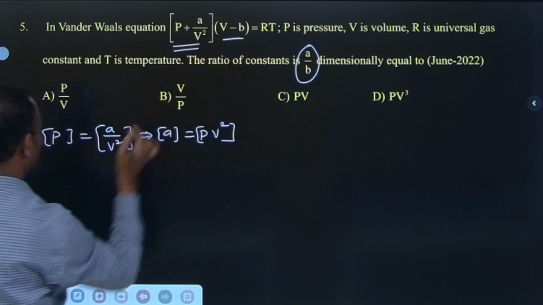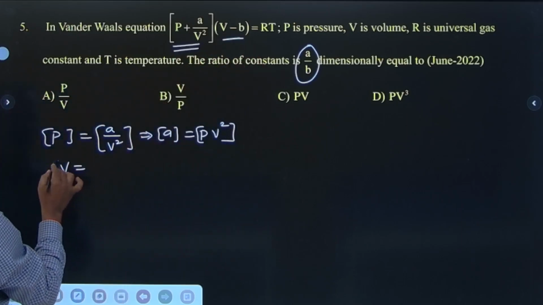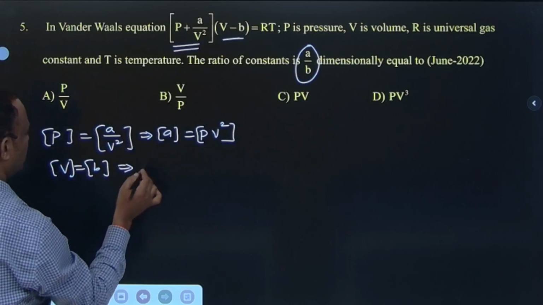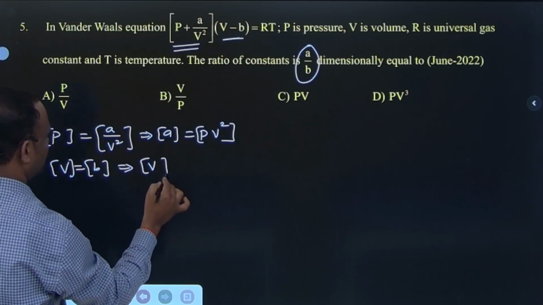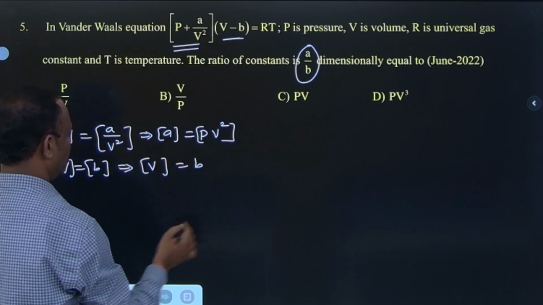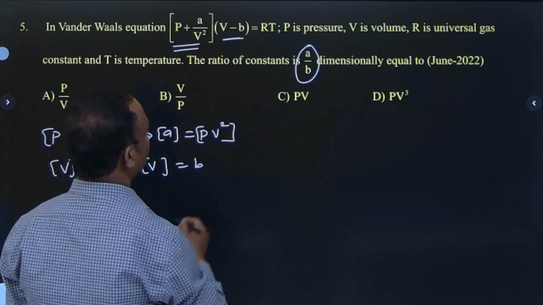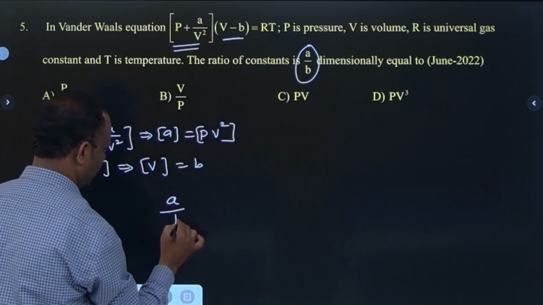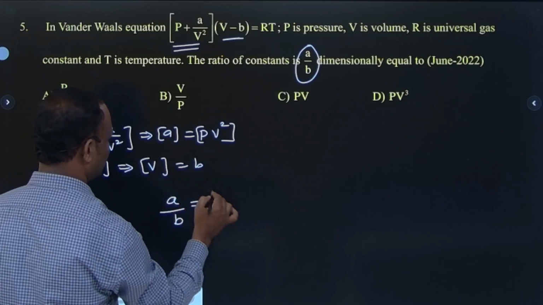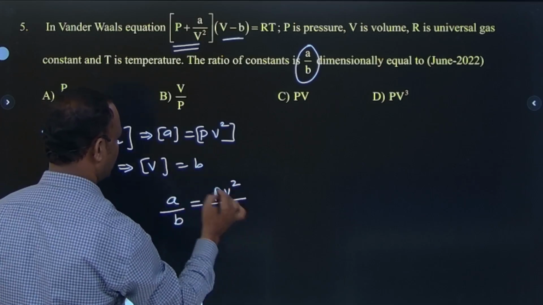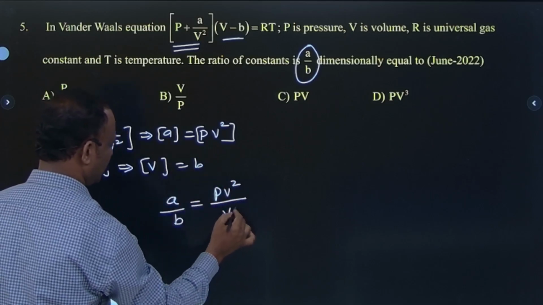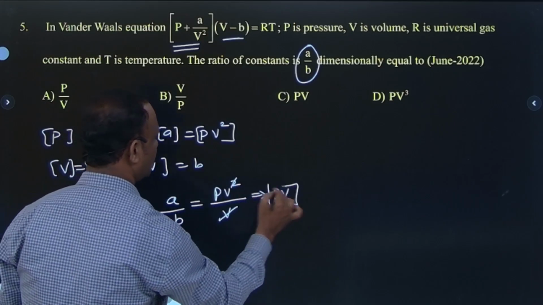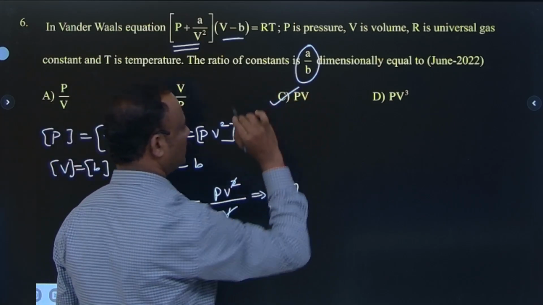And dimensionally, the dimensional formula of V is equal to the dimensional formula of B. So the dimensional formula of V is B. Next, what is asked is A by B. A is P V square, B is V. V cancels. What is the answer? PV. Option C is the answer.